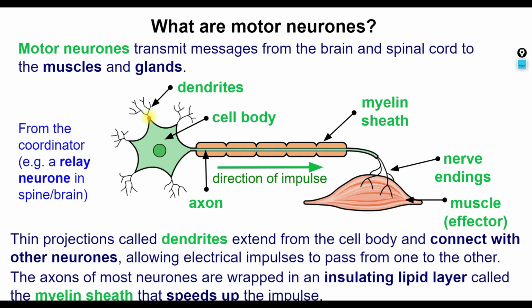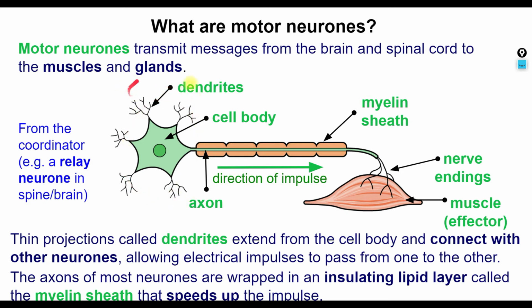The little dendrites feed straight in to the cell body, and the axon extends out of the cell body. So they're easily recognizable, the motor neurons. They have the cell body at the beginning.